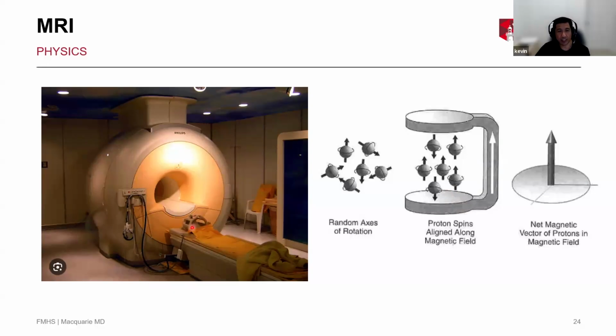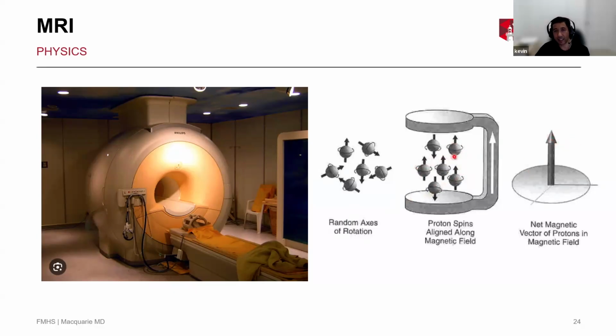You need a coil to start perturbing these hydrogens. There are other coils inside this, which send a radio frequency pulse across the hydrogens, and what that does is it tilts them.